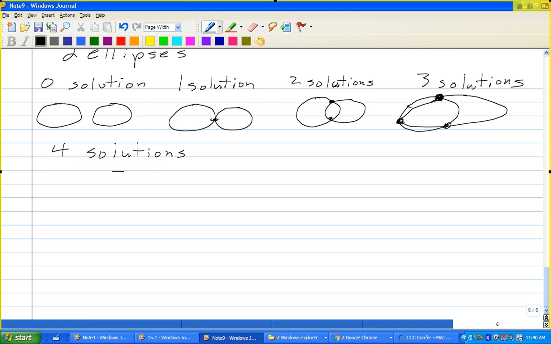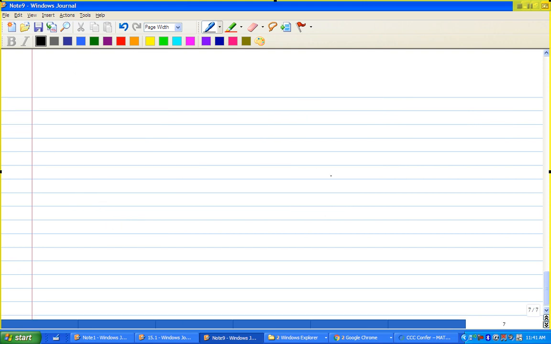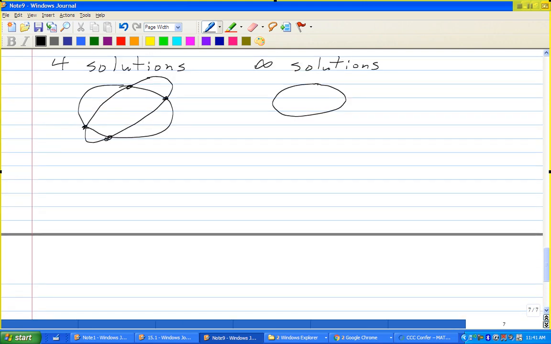So, ellipse, one, two, three, 4 solutions. Okay, and of course you could have an infinite number of solutions. We have an ellipse and the other ellipse. Okay, so those are the possible number of solutions.